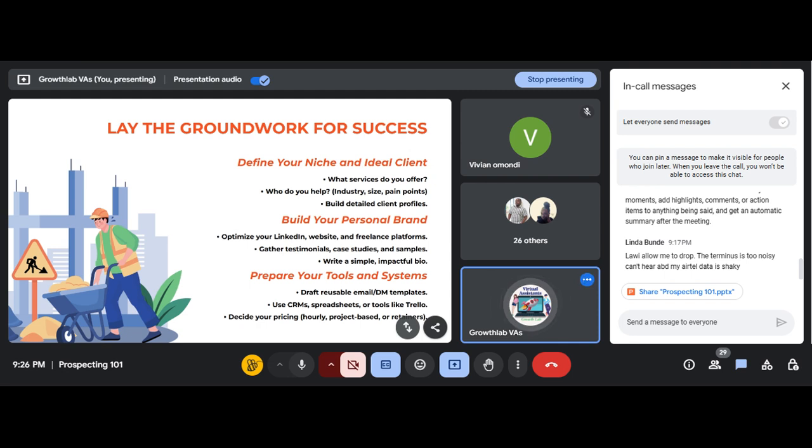Then systems begin from marketing to the sales, to the delivery and the technical aspects of your business. So systems could include things like onboarding checklists. This will help you know what to ask from the client when they've agreed to work with you. You should have a contract.